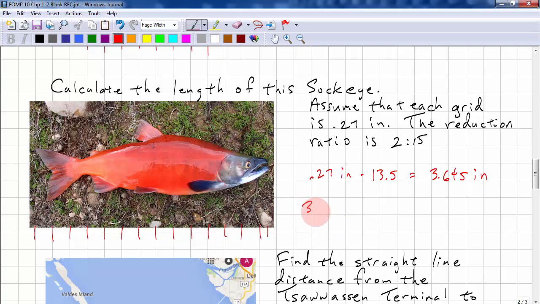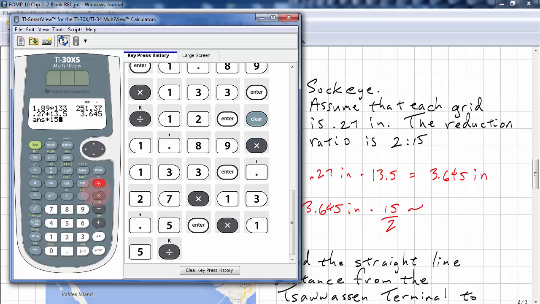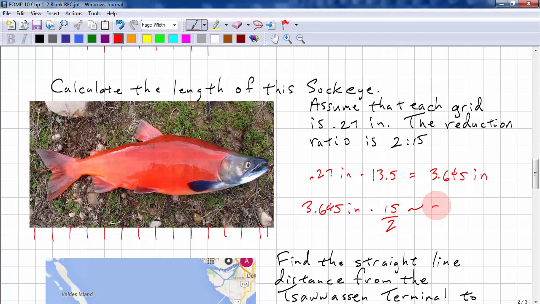We take our 3.645 inches and multiply by the inverse of the reduction ratio, 15 over 2, or times 15 divided by 2, and we get 27 inches approximately. So that's a pretty big salmon.